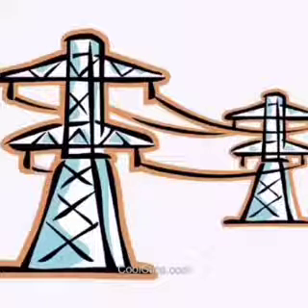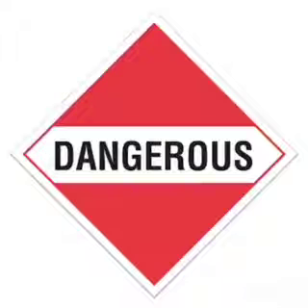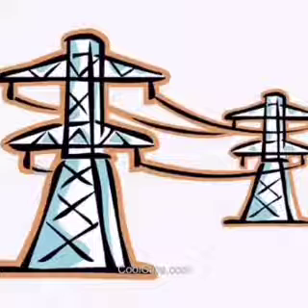This electricity is very powerful and it can be very dangerous for all of us if we do not follow the safety rules. We all should follow the safety rules to stay safe from the electricity, because it can also be dangerous.